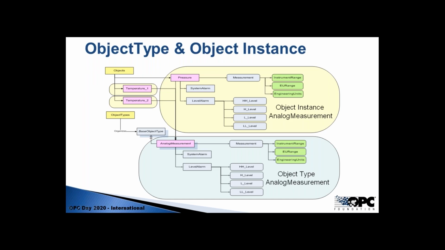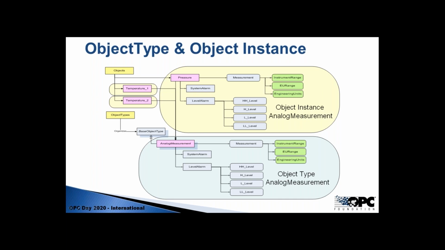To give you a more detailed example here, on the lower end in gray, we have the object type of an analog measurement. It's in the built-in information models. And as you can see here, I have the type modeled with different objects, with different alarms.